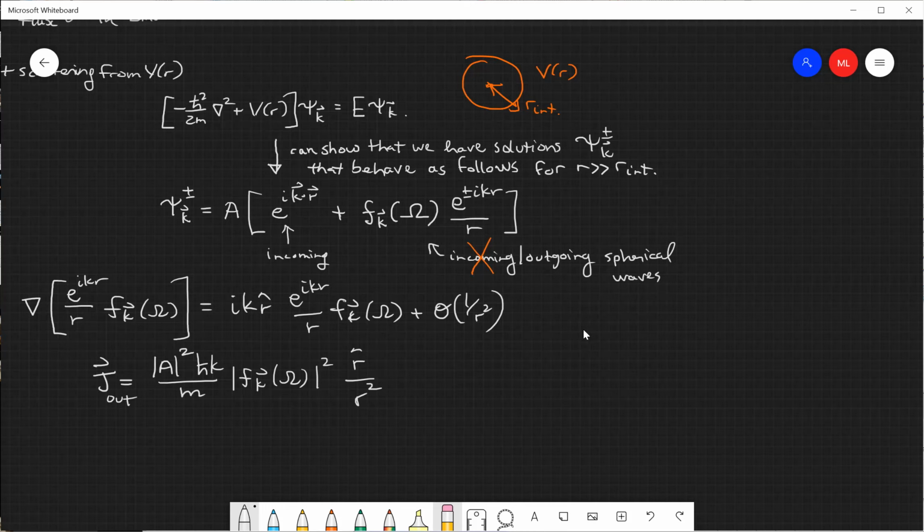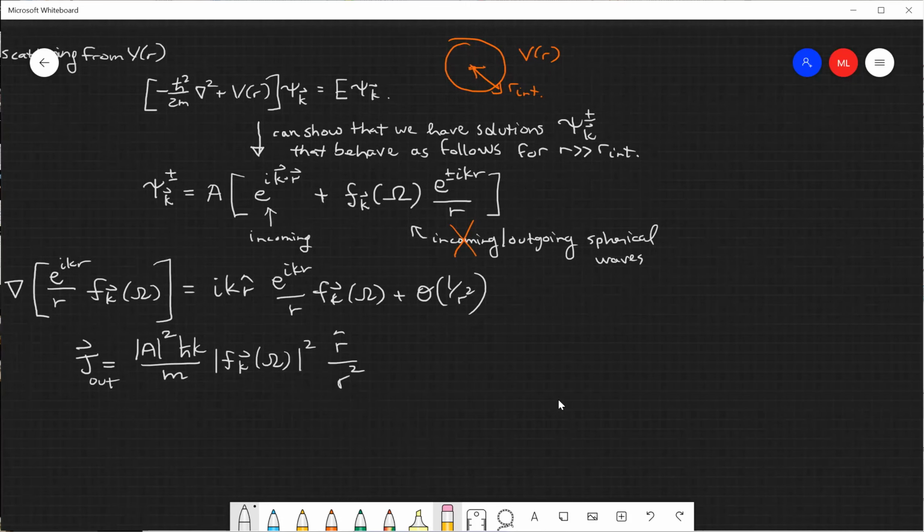It doesn't have to look like a perfectly symmetric spherical wave, because we have this angular dependence that'll depend on the details of the scattering potential. So this is still a very general kind of development. It's just convenient to work in spherical coordinates when you're dealing with 3D scattering. But okay, interrupt me if there are questions.